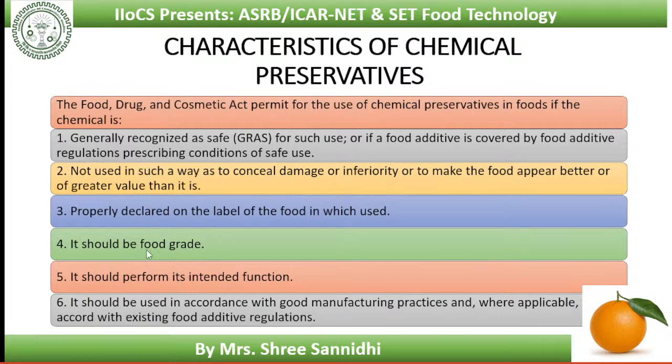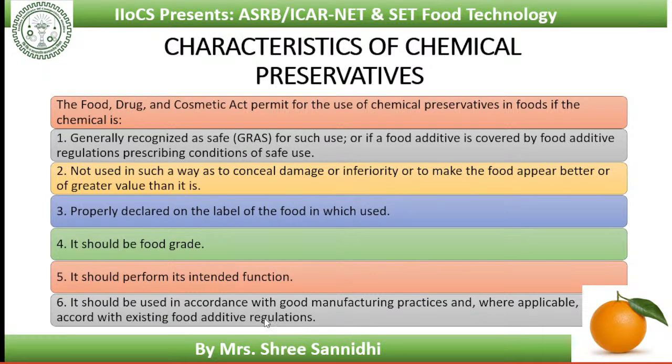The next thing is the chemical preservatives should properly be declared on the label of the food in which it is used. So it should be a food grade chemical preservative, then it should perform its intended function, it should be used in accordance with good manufacturing practices, and where applicable according to existing food additive regulations.